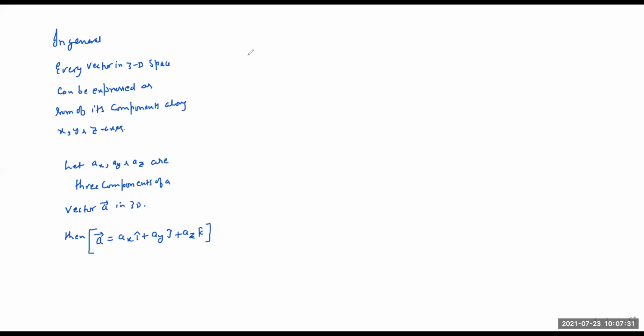So if I write a vector A equals minus 2 i cap plus 3 j cap minus 5 k cap, how should one interpret it? 2 is the value and the direction is minus i cap, 3 is the value and the direction is j cap, and 5 is the value and the direction is minus k cap.